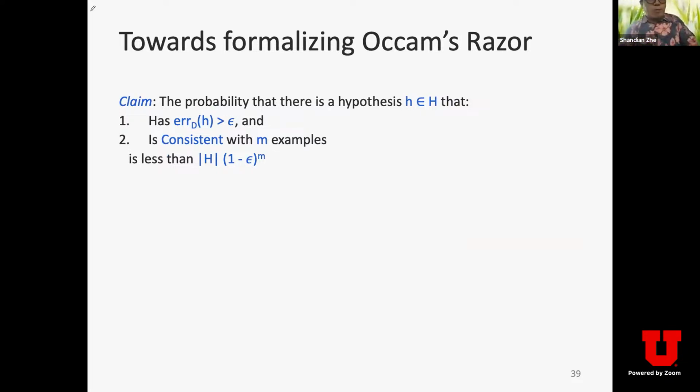So our claim is about a bound of the probability of this bad thing. Let's read the claim.